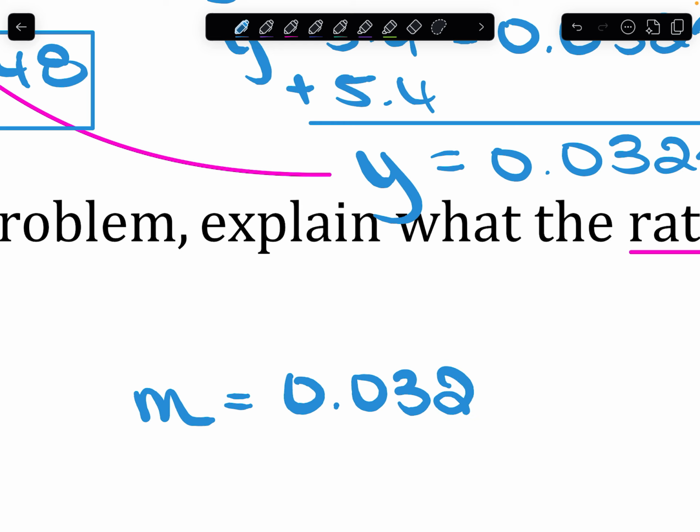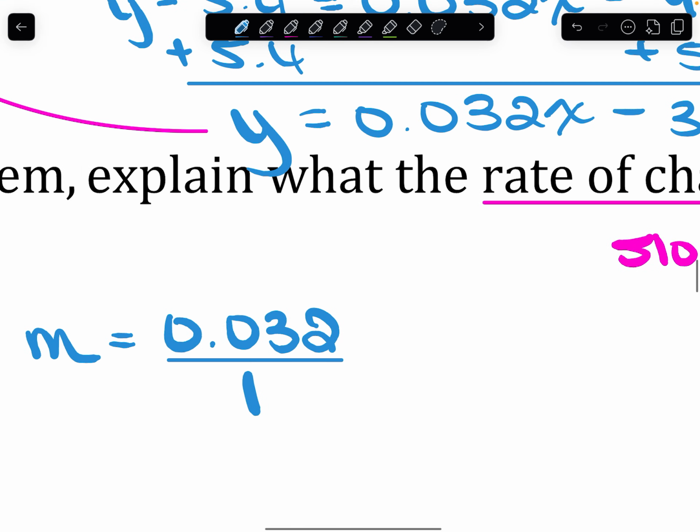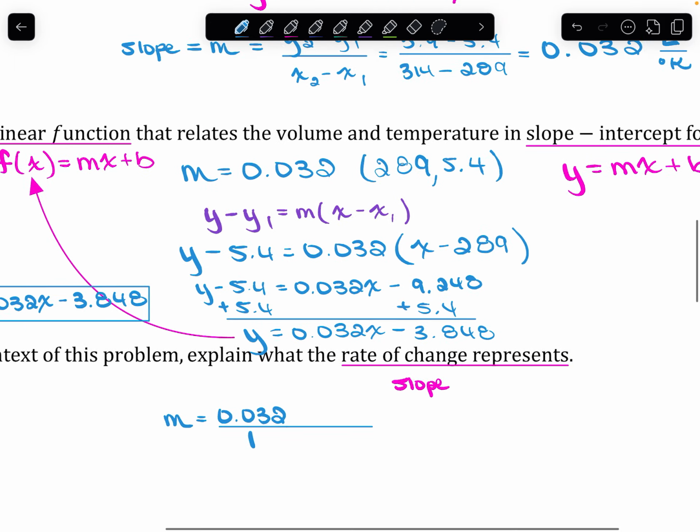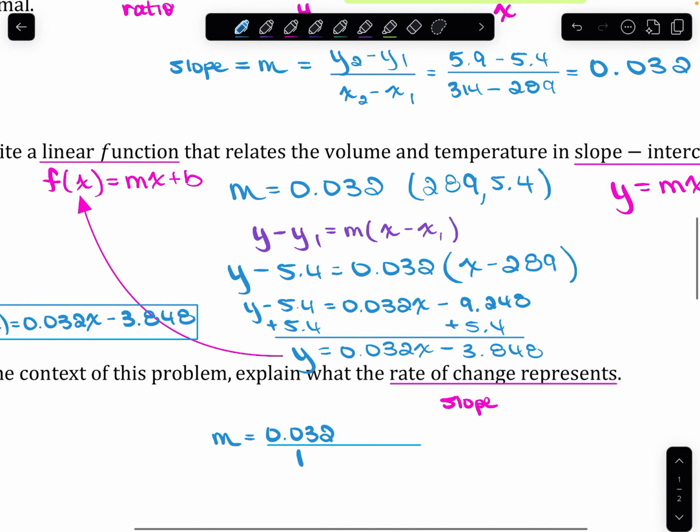0.032. Now the easiest way to explain a slope is to write it in terms of a fraction. When you're explaining in context, don't try to change this decimal to a fraction, just put it over 1. You know slope is the rate of change of y over the rate of change of x, so I need to get my units attached here. So I'm just going to extend my division bar. I want to go get my units for y. And remember back up here, y is the volume of argon gas in liters.